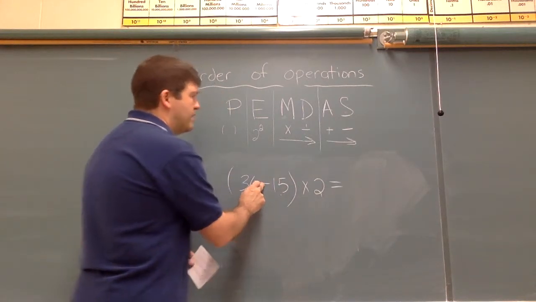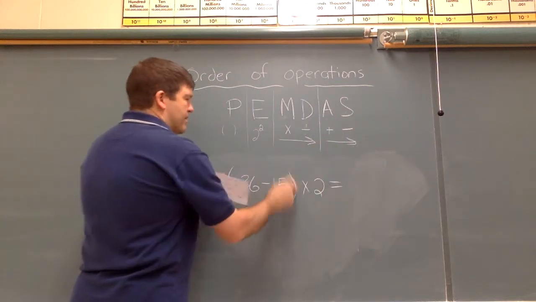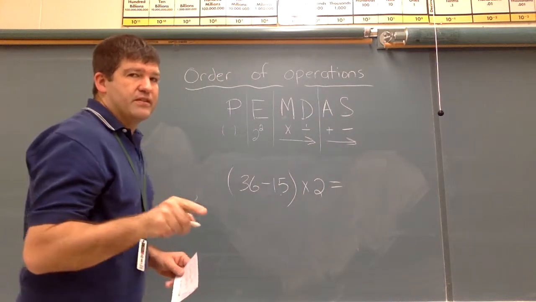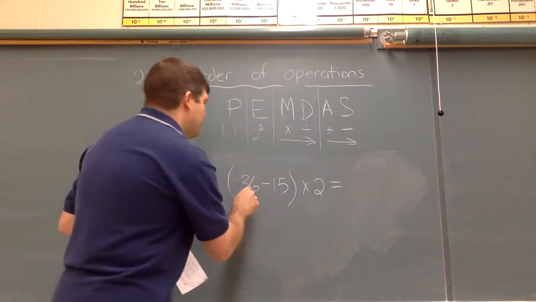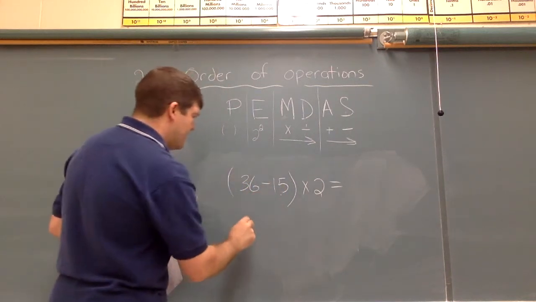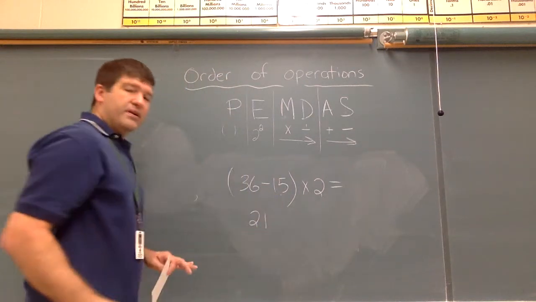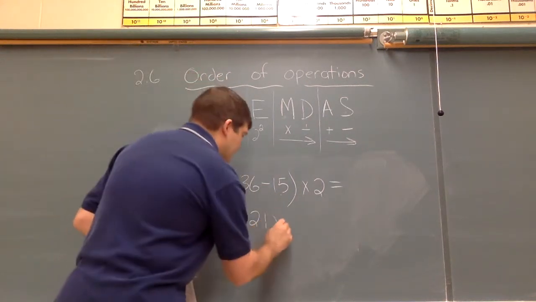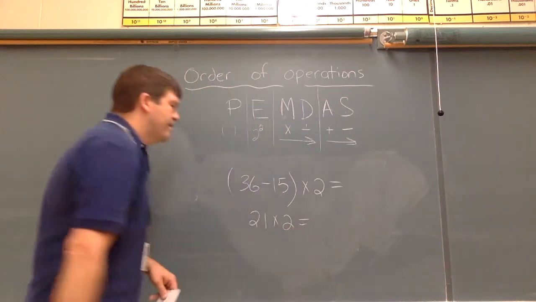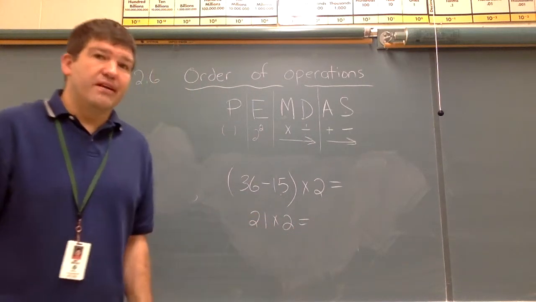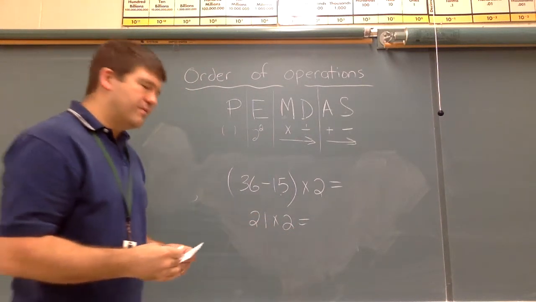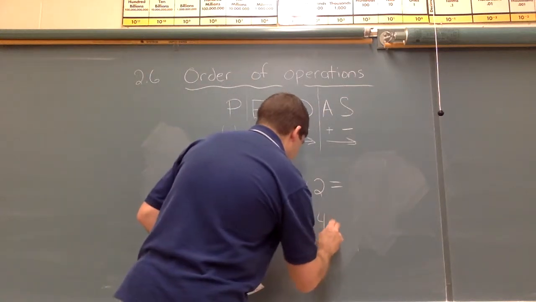Even though it's subtraction, which comes down here, because it's parentheses, it goes first. Always, always, always. So 36 minus 15 is 21. Then I'm done with the parentheses. I can lose them, times 2. Now that's the only operation I have left, so it's the only thing I do. 21 times 2 equals 42.